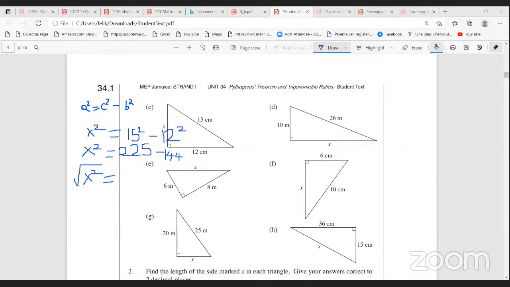So x squared equals 81. Square root of 81 is 9, so x equals 9. Okay.